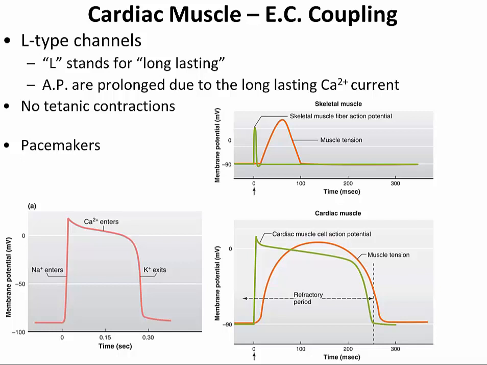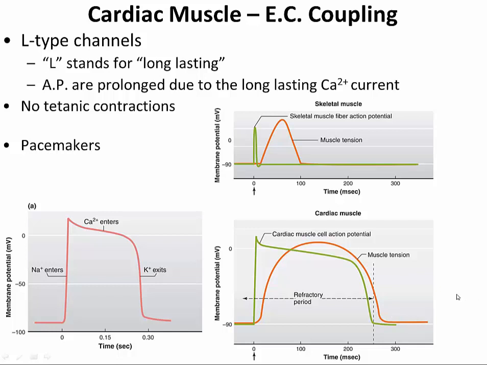If we look at these two graphs on the right-hand side of our slide, the top one illustrates the action potential shown in green and the force generation shown in orange that is observed in a skeletal muscle. The bottom graph shows the depolarization shown in green and the force generated shown in orange in a cardiac muscle cell.